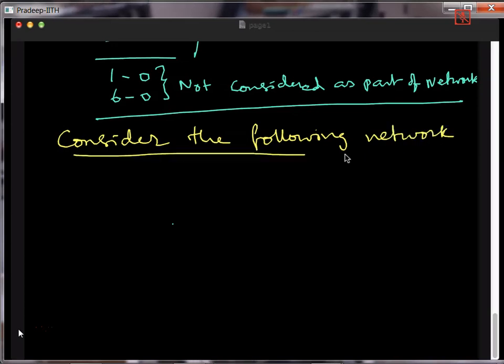Of course, this is a generalized network. Generalized means I am not giving specific values, I am just working with some variables.